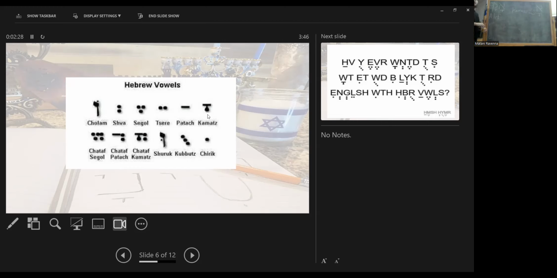That makes an ah sound. It's very important to remember, it does not make an a sound. It makes an ah. When I transliterate it, to me it sounds like an ah. That's what it sounds like to me. Makes sense? So, kamatz has a softer companion called patach.